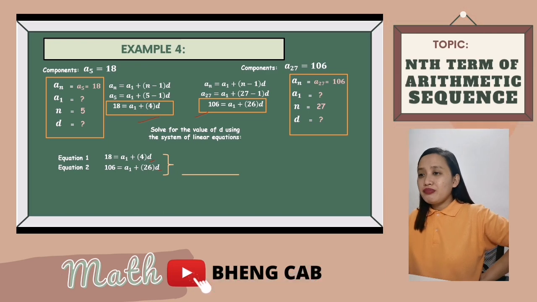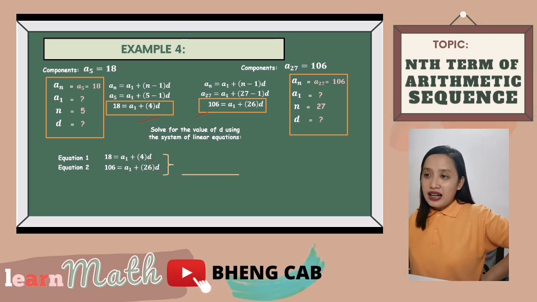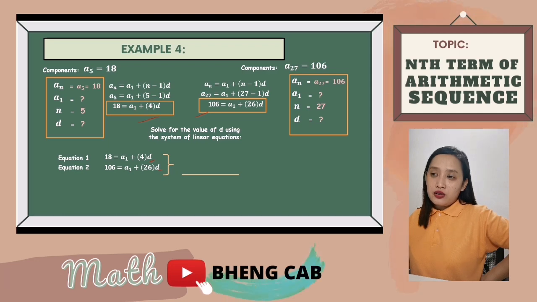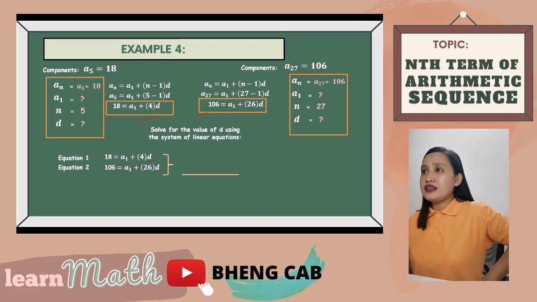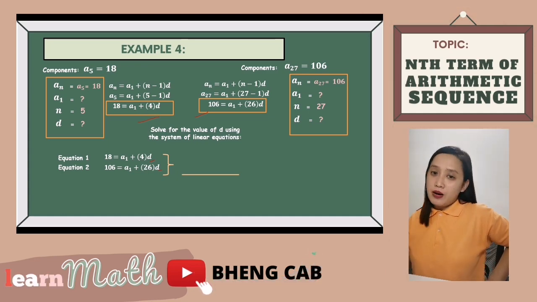Okay? Ang technique natin dito, tanggalin natin sa a sub 1. So, ibig sabihin, para matanggal to, we have to make either itong first equation or second equation be equal to negative a sub 1. Kaya pag in-add natin yung dalawang equation na to, pwede siyang makancel kasi negative siya positive.